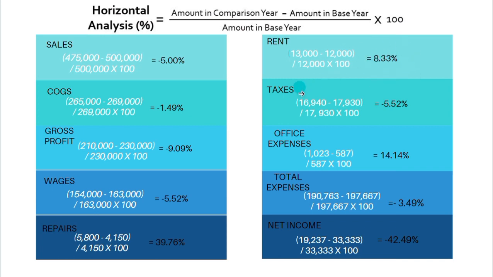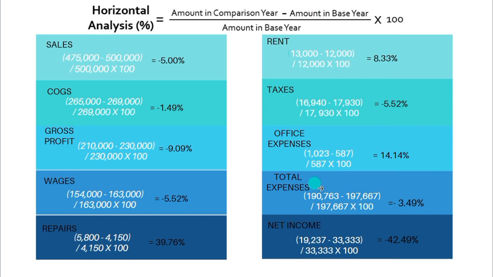For taxes, 16,940 minus 17,930 divided by 17,930 times 100 equals negative 5.52%. For OPEX expenses, 1,023 pesos minus 587 divided by 587 times 100 is equal to 14.14%.